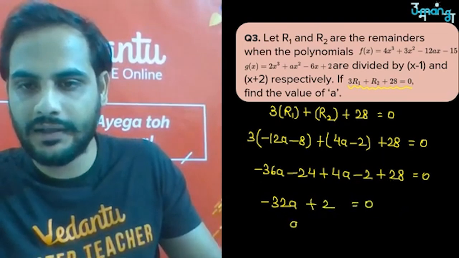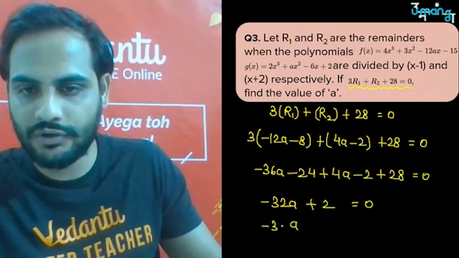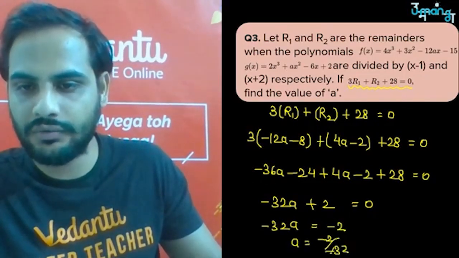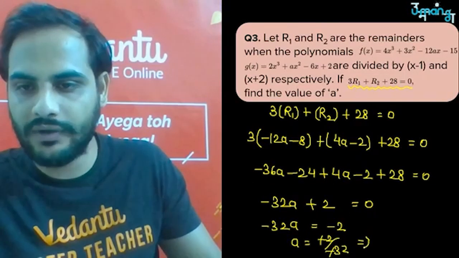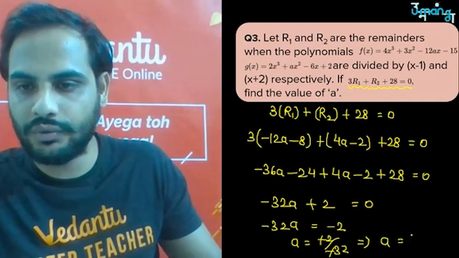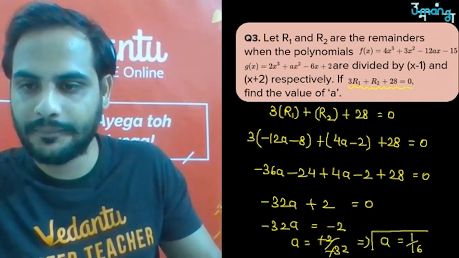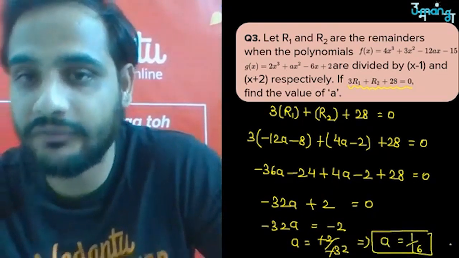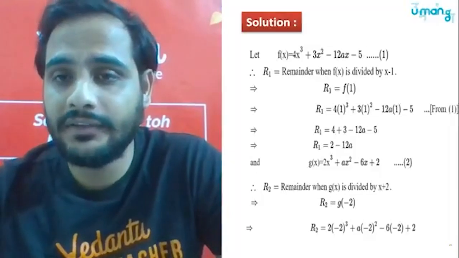So you will be getting minus 32a is equal to minus 2. So a is equal to minus 2 upon minus 32. This cancelled. So you have got a is equal to 1 by 16. Got it? So the answer for your a will be equal to 1 by 16.